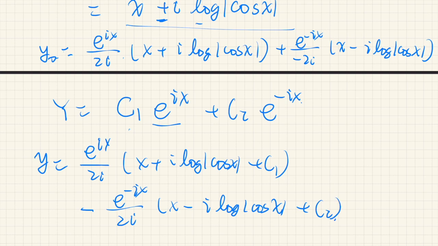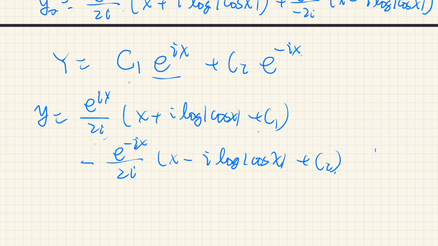Okay, C2 may include i, so we don't care about the difference in some multiplication factor. So this is the general solution.